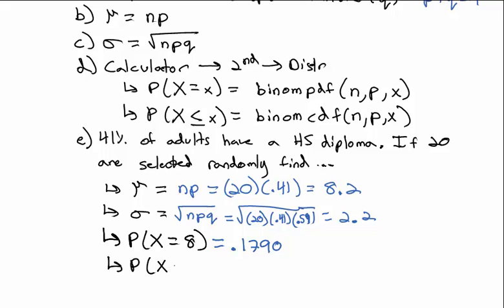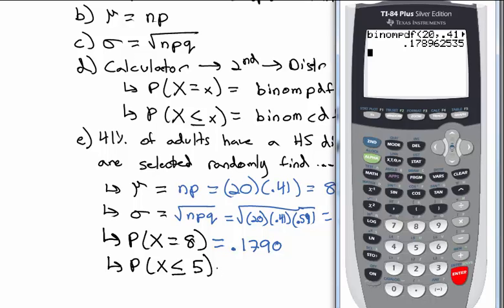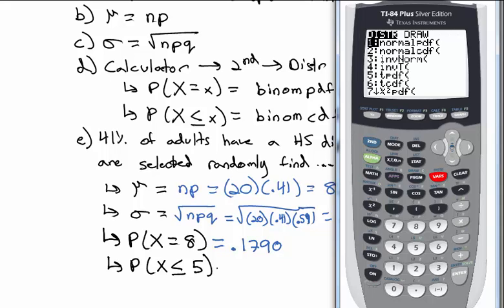What if we want the probability that we get less than or equal to 5 values? Because we want less than, we want everything up to 5, this is going to be a cumulative distribution, because we want 0 plus 1 plus 2 plus 3, cumulative, adding them all up. Same place, second distribution, but this time instead of the PDF, we want the CDF, because the C stands for cumulative distribution function. Type in the same information.